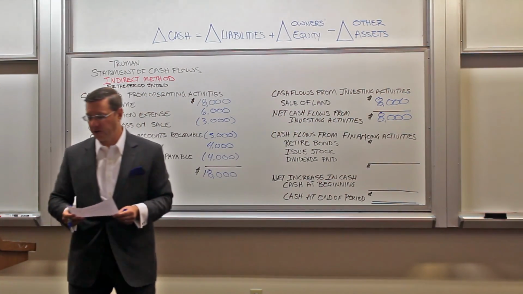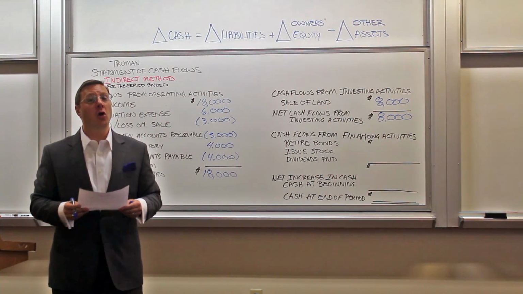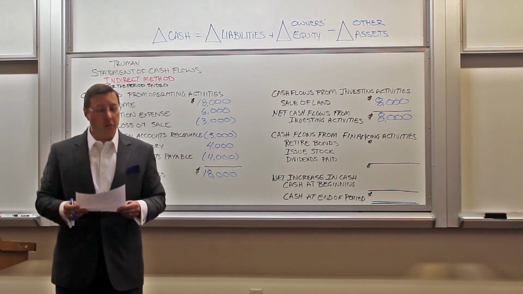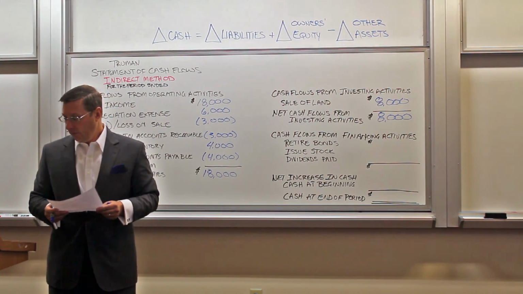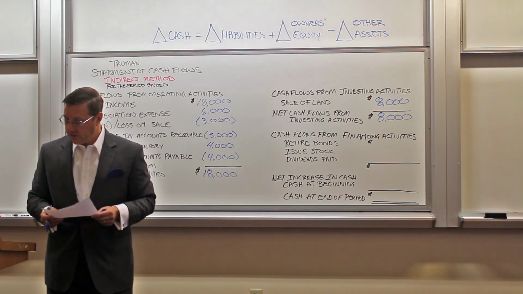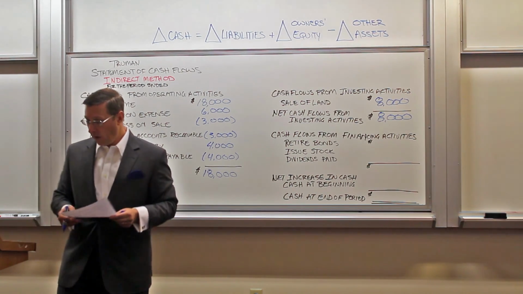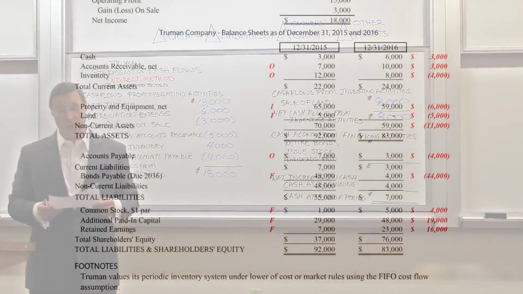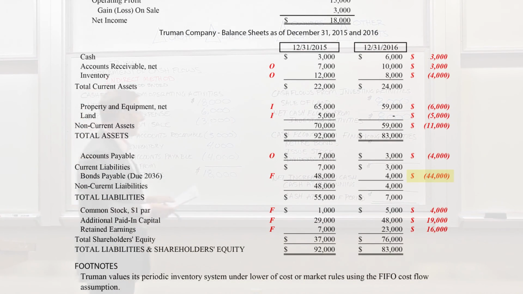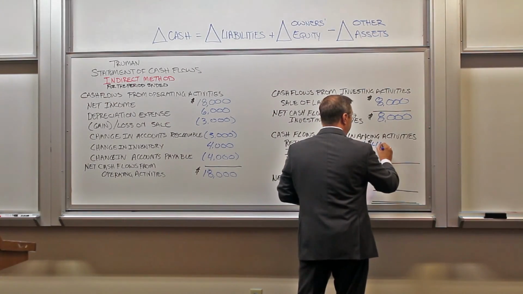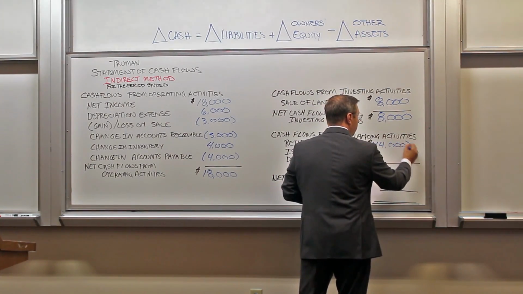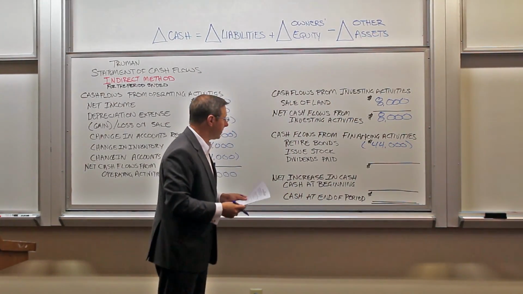Looking in the last section, these are changes in long-term liabilities and the owner's equity section. We noticed that we retired some bonds. Our amount due on bonds went from $48,000 to $4,000. That's a decrease of $44,000. That was the retiring of $44,000 worth of financing through bonds.